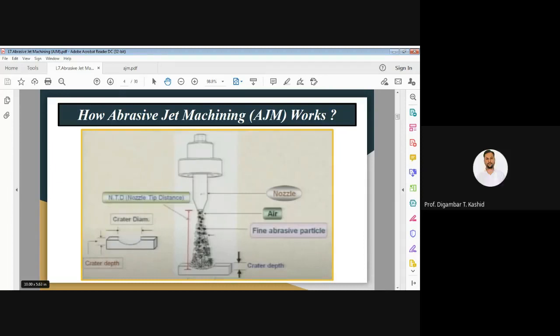Now I will explain the working principle of this abrasive jet machining. How does abrasive jet machining work? Please look at the diagram which I have shown on this slide. Here you can see a nozzle.